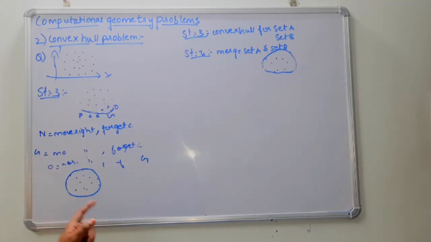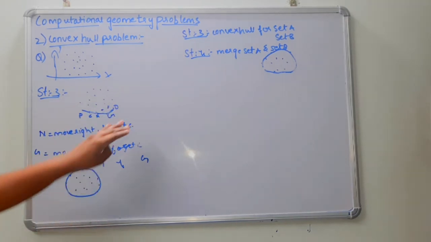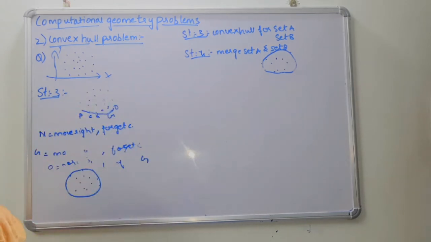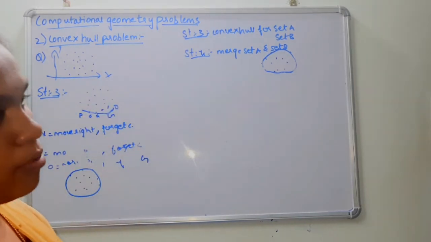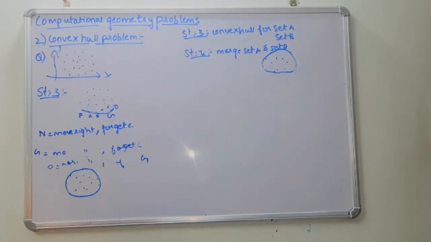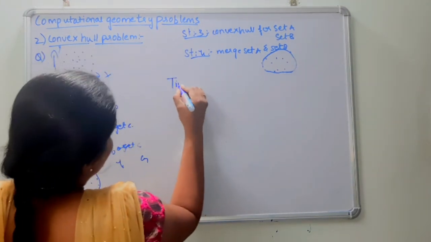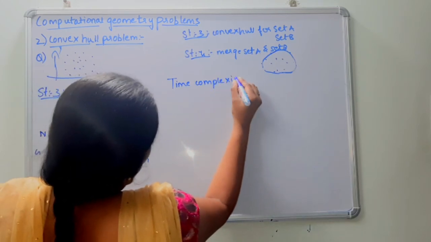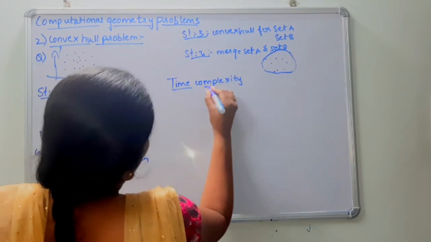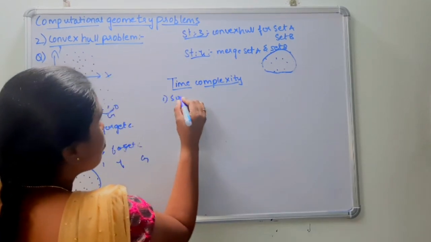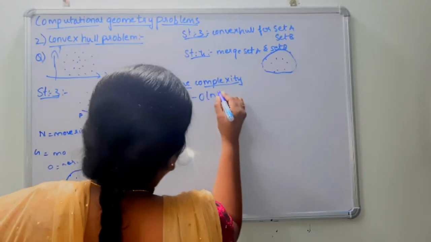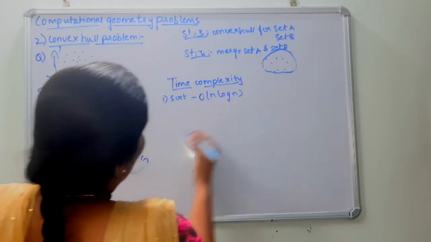And in step 4 we merge set A and set B. By forming the convex hull for set A and set B, the merging of set A and set B will also be formed. Now let us see the time complexity for each and every step. In the first step, when we are doing the sorting operation, the time complexity will be n log n.